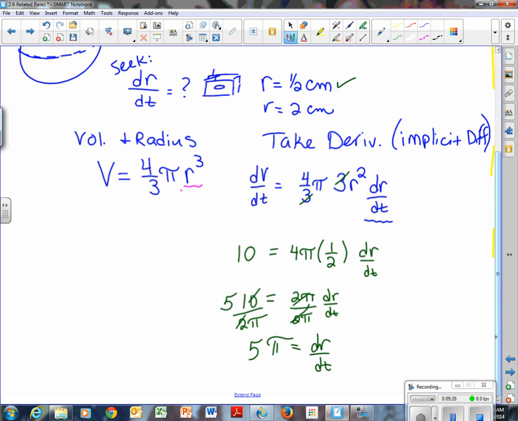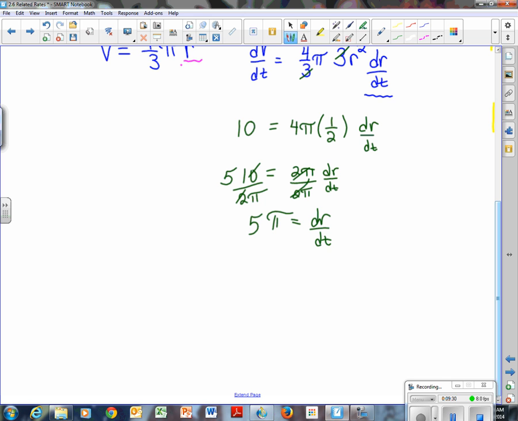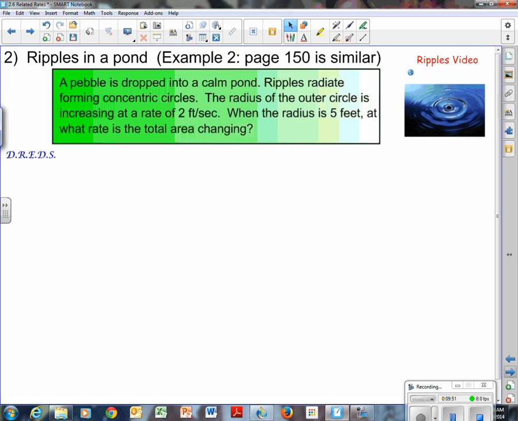Labeling is important, and I didn't track my labels up in the thing, but I know that radius was in centimeters and time was in seconds. So I'd have 5/pi centimeters per second. So what, approximately 1.5-ish centimeters per second. You can go ahead and do the second one. I'm going to move on so I can save time on this.